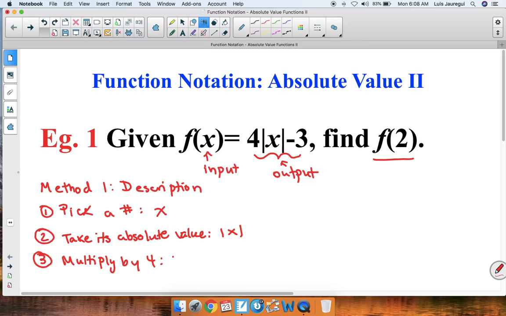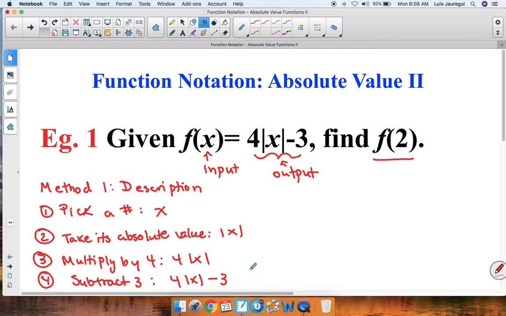Thus getting 4 times the absolute value of x. And the last thing you're going to do is to subtract 3. So step 4, subtract 3. Thus you get 4 times the absolute value of x minus 3.